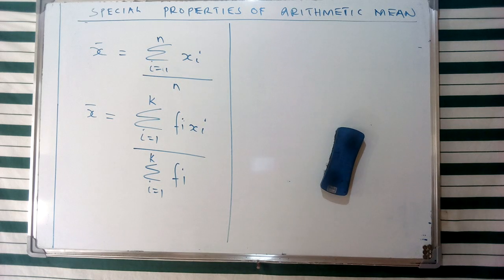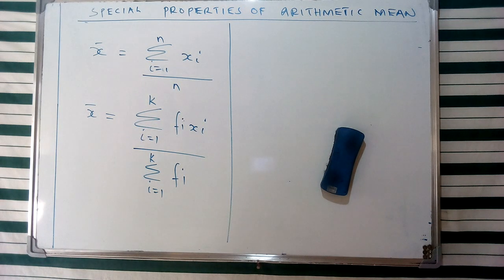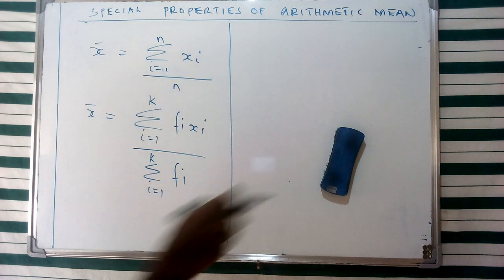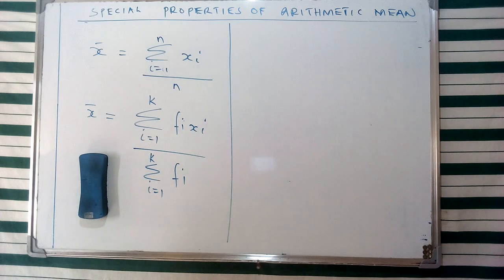Now, we're going to look at specific properties of the arithmetic mean, and these are going to assist us in evaluating various aspects of the arithmetic mean in case we come across them in our discussions. The first property constitutes what we refer to as deviations. These are the differences between a particular variable and the mean. The sum of the deviations of a set of items from the mean is going to be 0.